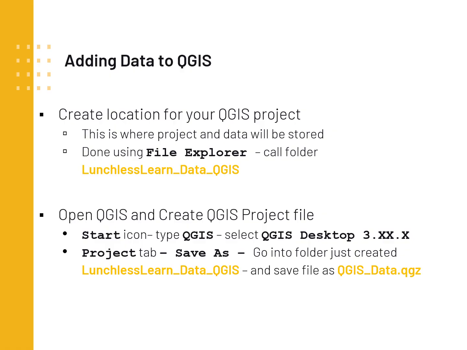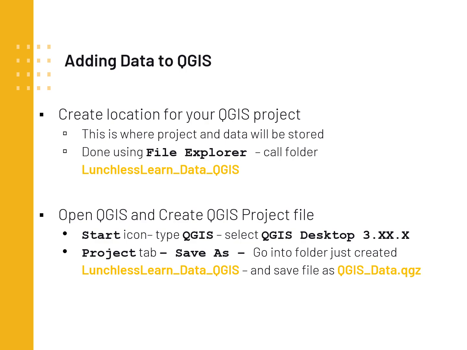Then we're going to open QGIS and create a QGIS project file. So the easiest way to do this is to click on your Windows Start icon and type in QGIS. You're going to pick QGIS Desktop 3, whatever version you're using. Okay.